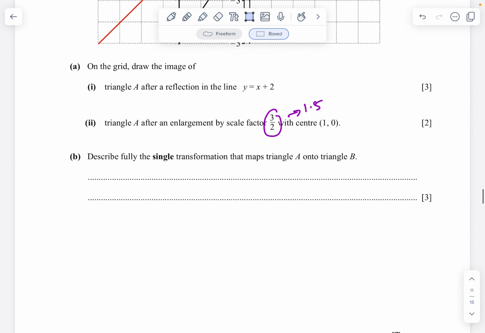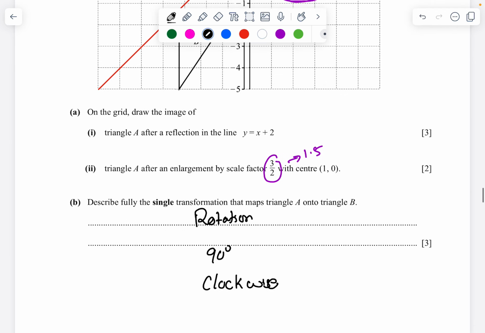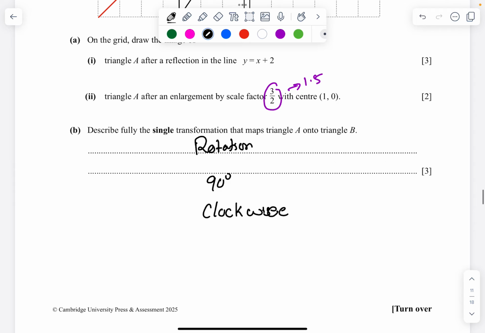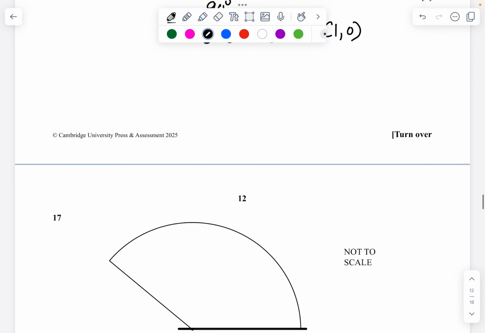So what am I going to do? It's going to be rotation 90 degrees clockwise, and the center of rotation, if you use the tracing paper, is going to be 1, 0.